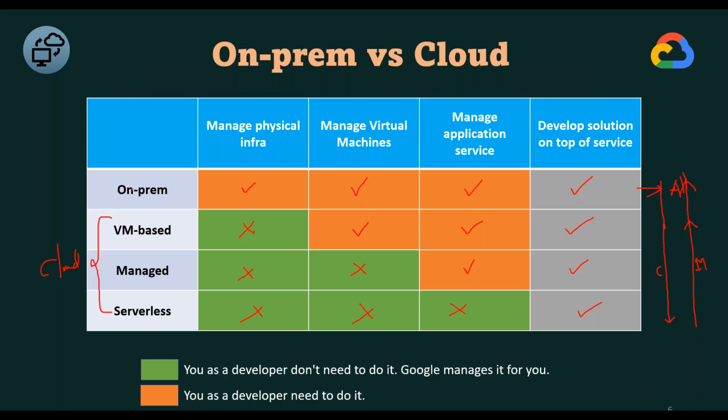So based on this requirement, select your proper tools, whether you want to work in the cloud or on-premises. Mostly we are going to work in the cloud for sure, there is no option for us. But whether you want to work VM based, managed, or serverless, if you are still unable to understand, I have a very good example here with me.